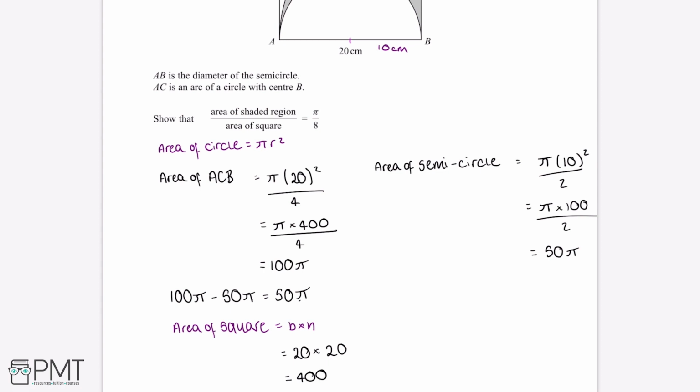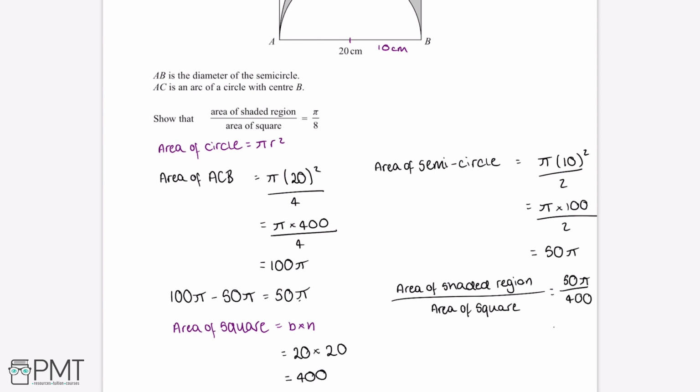So now the final thing we need to do is substitute in these two values into this fraction which we've been told to prove in order to show it's equal to pi divided by 8. So the area of the shaded region divided by the area of the square will be equal to 50 pi divided by 400.